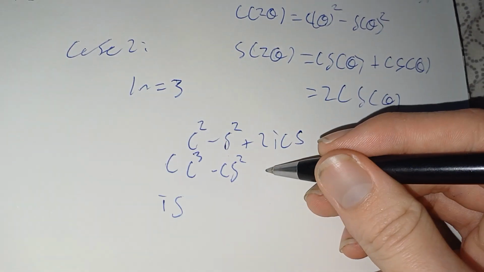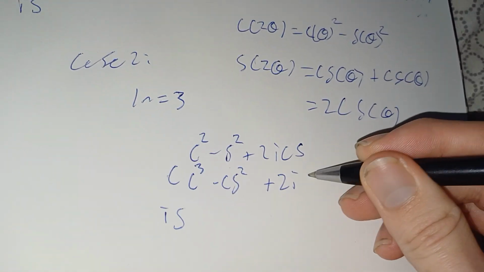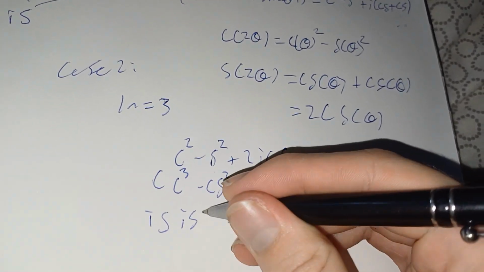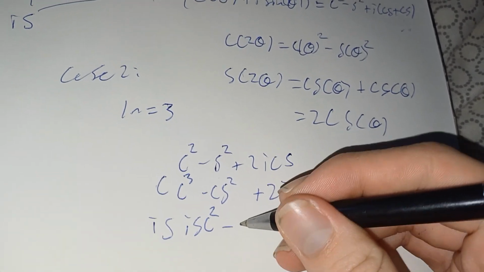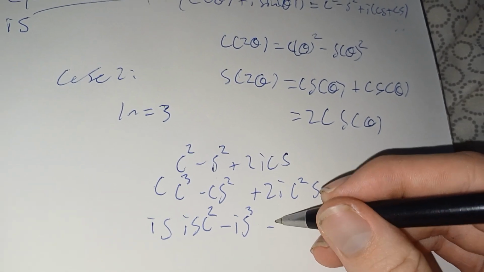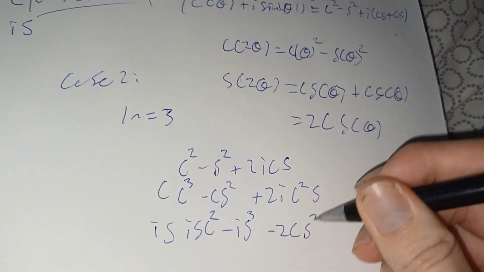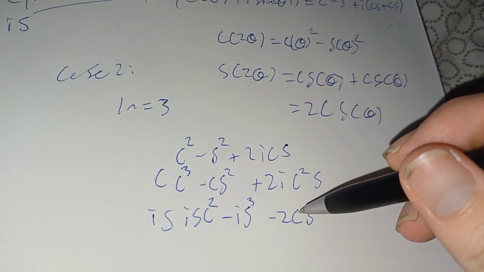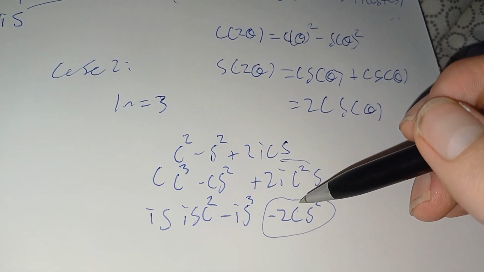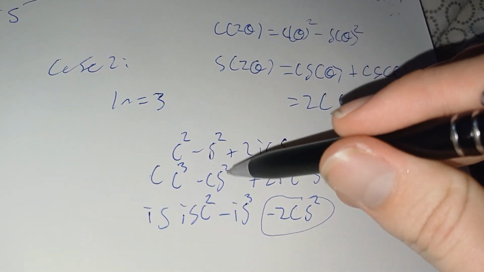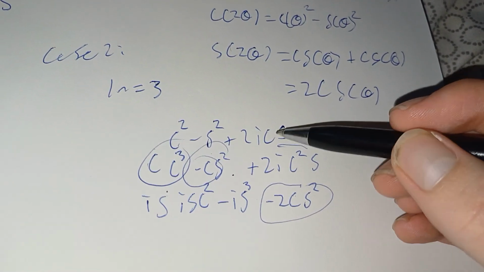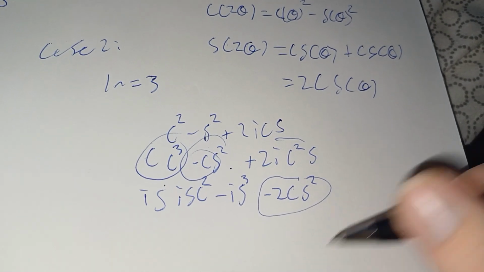sine squared plus 2i cosine squared sine, i sine cosine squared, minus i sine cubed, minus 2 cosine sine cubed. And we just take out the real multiplicative factors, which were cosine cubed minus cosine sine squared minus 2 cosine sine squared.